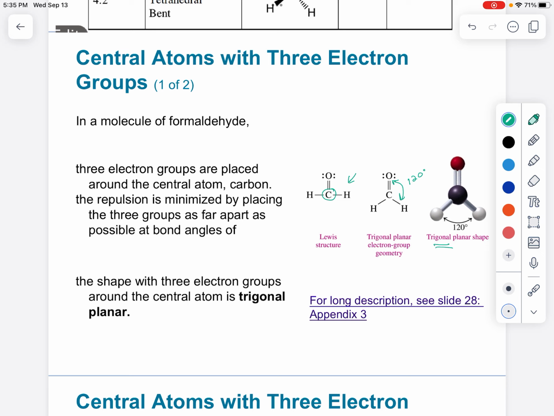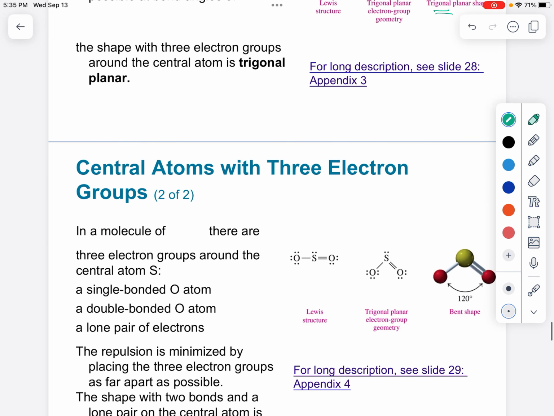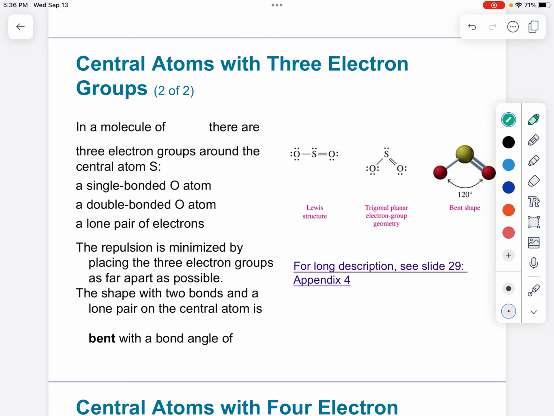Now, this is 3 electron groups, and that central atom has no unbonded pair of electrons. But you can also have 3 electron groups where it's bonded to 2 different things and an unbonded pair of electrons.